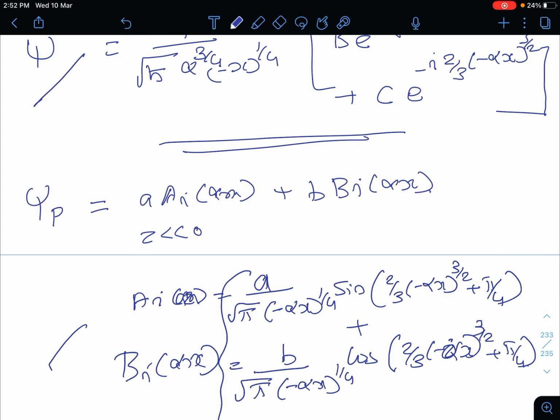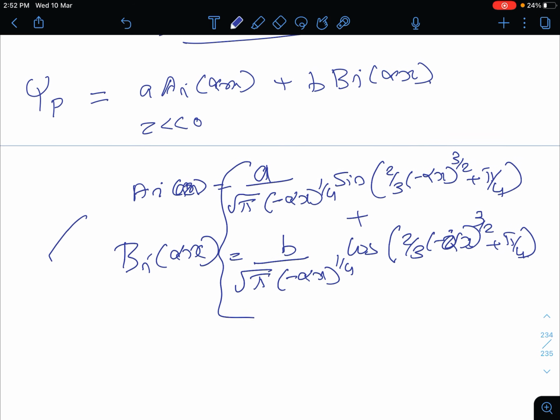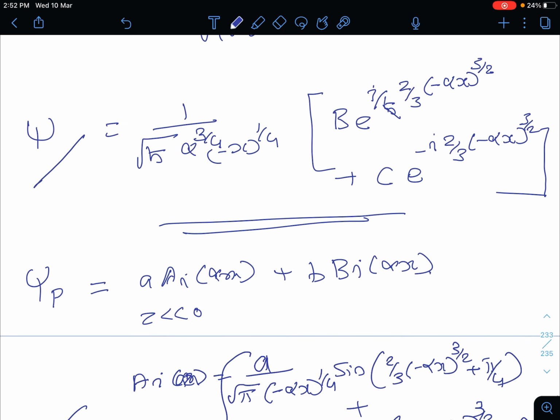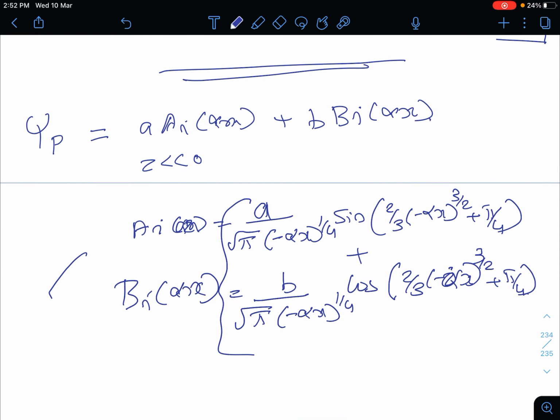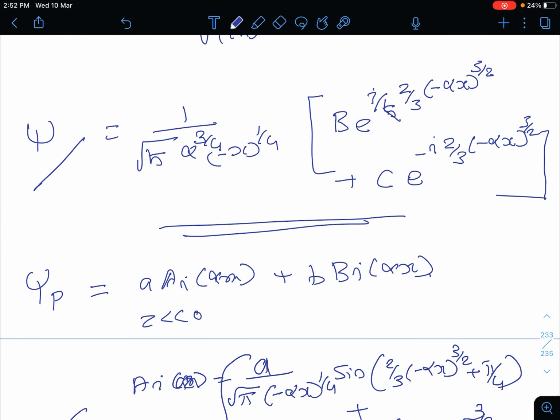Should be equated. Okay, so now you compare these two things. Okay, you compare these two things.